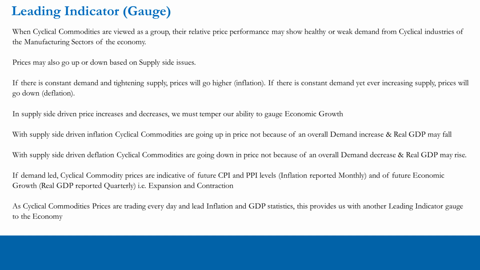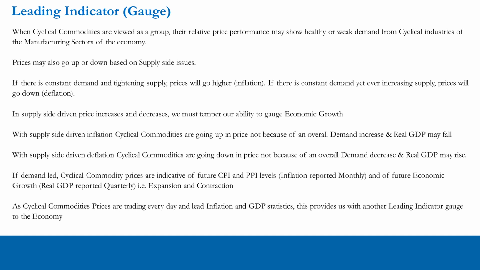So using these indices as a leading indicator gauge, when cyclical commodities are viewed as a group, their relative price performance may show healthy or weak demand from cyclical industries of the manufacturing sectors of the US economy.